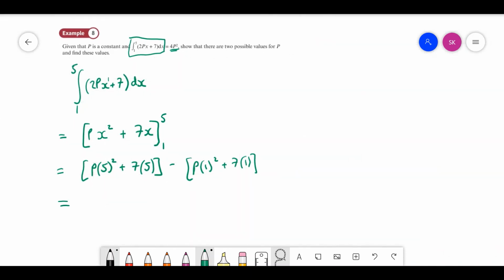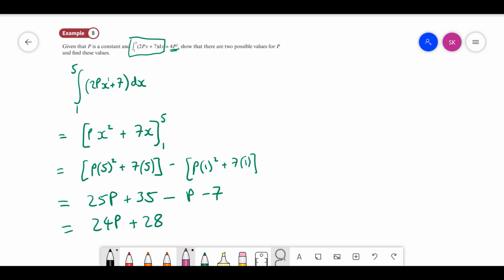So this is going to be 25p plus 35 minus p, and then minus the positive 7 is going to be negative 7. So if I simplify all that, I get 24p plus 28. So that's the value of my definite integral.